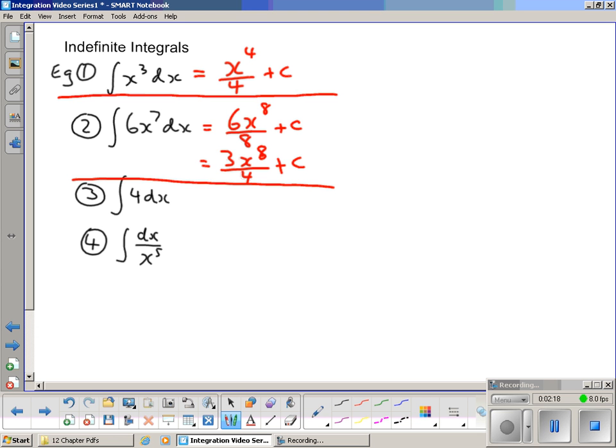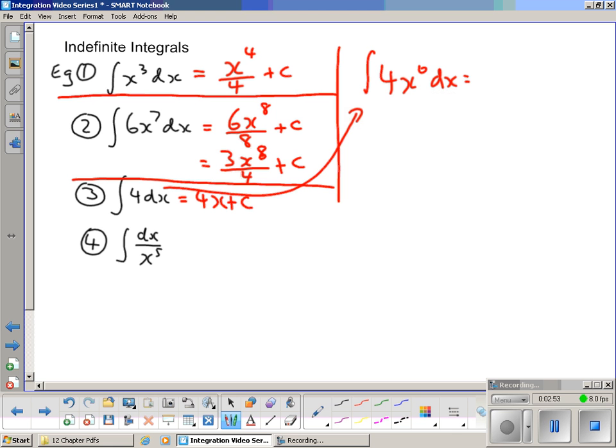Okay, the integral, interestingly, of 4 becomes 4x plus c. So anytime there's just a number, there's kind of like an x that appears there. Now I could explain that a little bit better here. We could actually write 4 as 4x to the 0, because x to the 0 is equal to 1. 4 is actually equivalent to 4x to the 0.